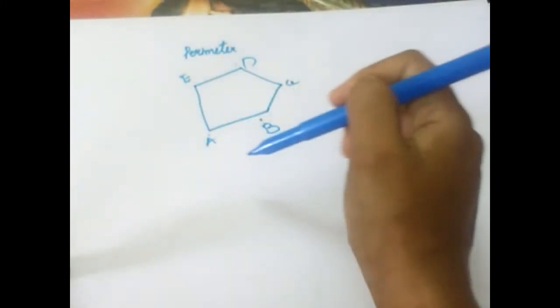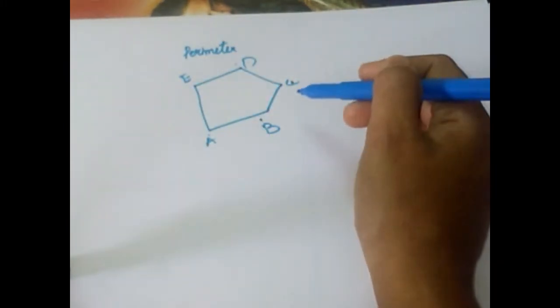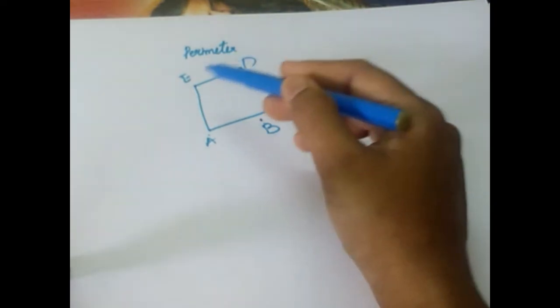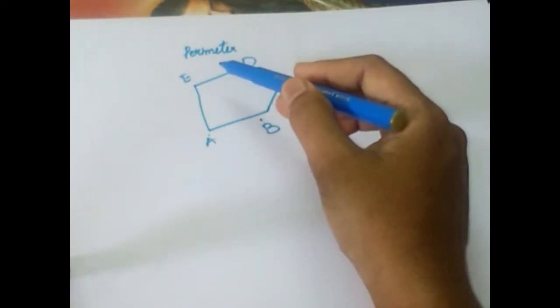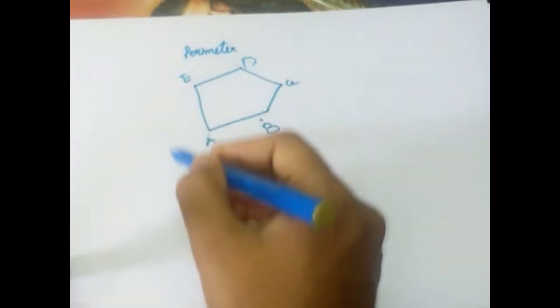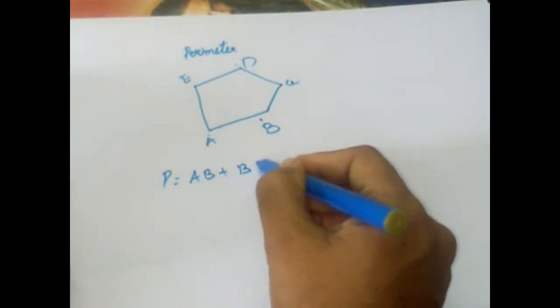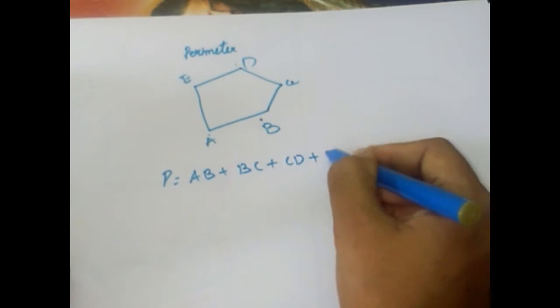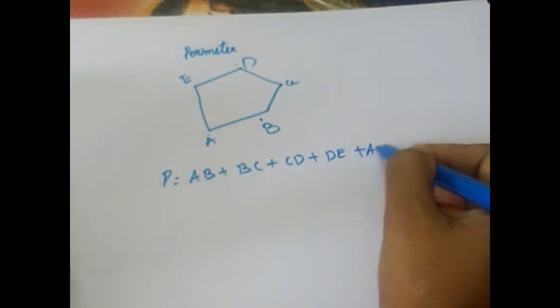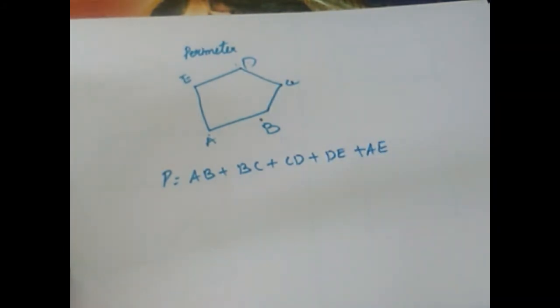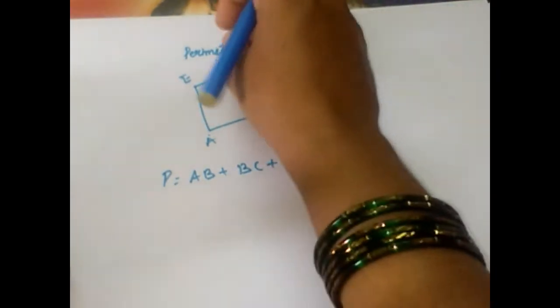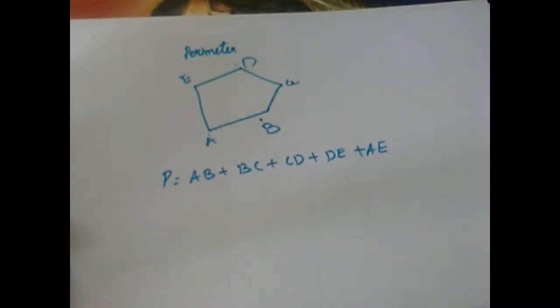So the perimeter of this closed figure ABCDE will be equal to the sum of all the 5 sides. I can write symbolically, perimeter is equal to AB plus BC plus CD plus DE plus AE. So basically a perimeter means the sum of all the sides of a given closed figure.